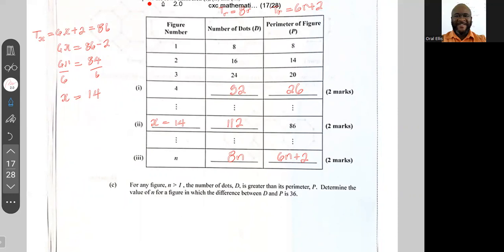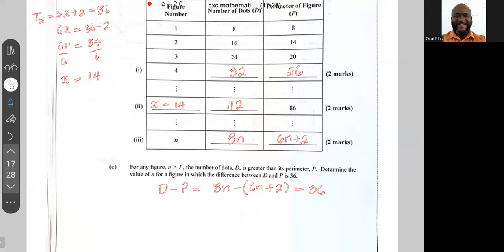So the difference between D and P, so that is D minus P. Remember, for figure n, D is 8n minus P, which is 6n plus 2, and that difference is equal to 36.